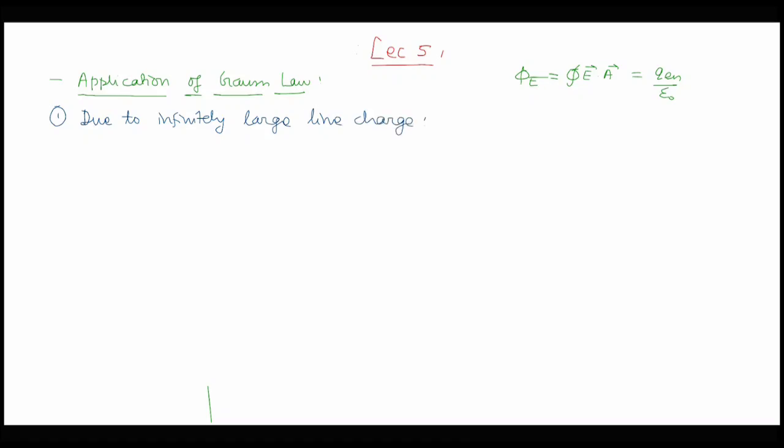If we take this system into consideration, we have a very large, infinitely large line charge, something like this, and the positive charge is spread throughout this line charge with the value lambda, charge per unit length.